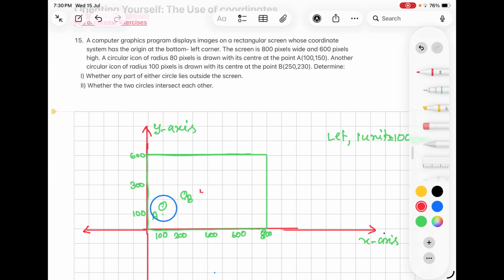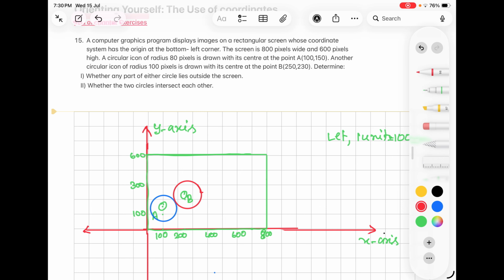Now I am drawing another circle like that way. You have to create two circles. One radius is 0.8 centimeter or 80 pixel. Another is 1 centimeter or 100 pixel, with B as the center.